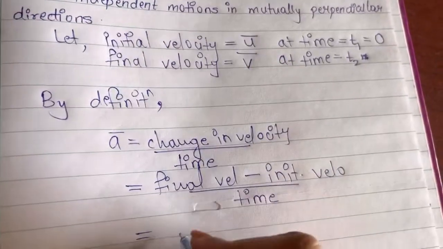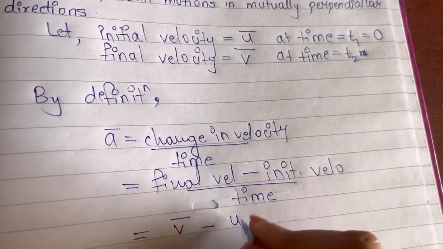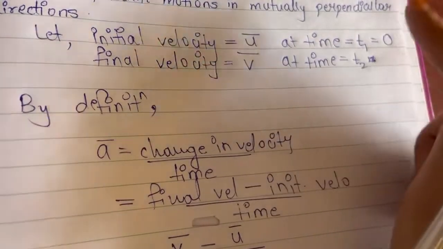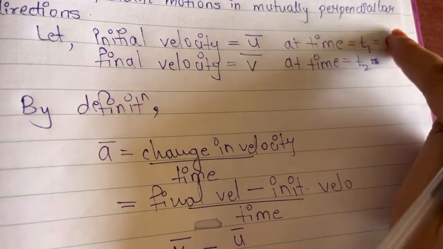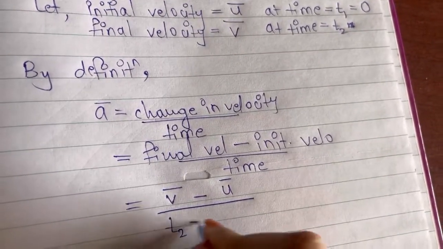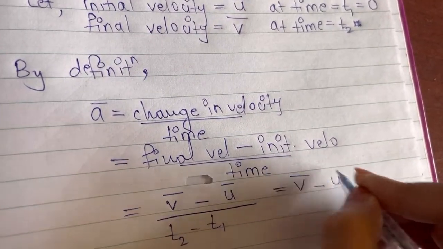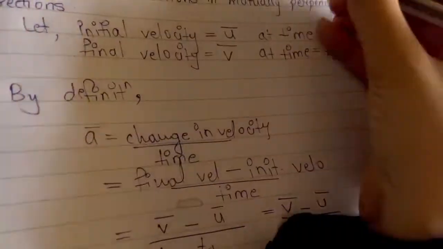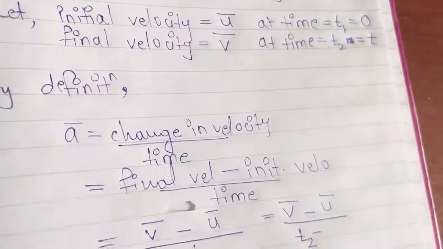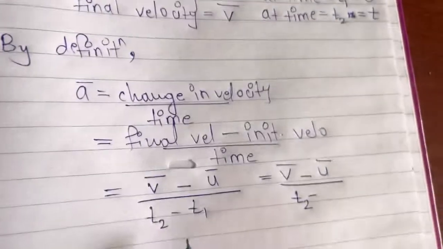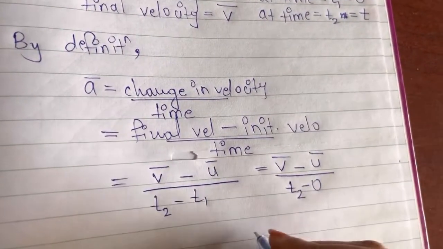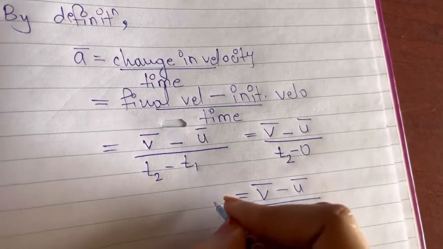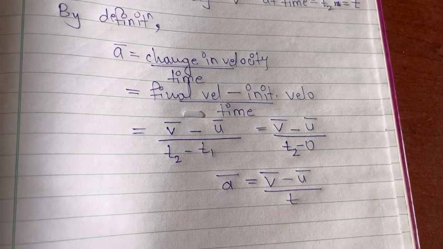Now the final velocity is vector v and the initial velocity is vector u, and the time will be final time minus initial time. The final time is t2 and the initial time is t1, so t2 minus t1. We can say t2 is t and t1 is 0. So acceleration is vector v minus vector u upon t. This is the formula for your acceleration.